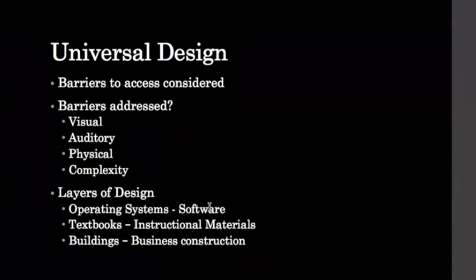And even so, we can look at this too. This layering happens with buildings as well. You may have a building that is universally designed and accessible, and then a business moves in and rents that building space, and then they redecorate the interior and they redesign that space for their use. Depending on the level of building code that they requested, they may have done stuff that wasn't required for a building code.